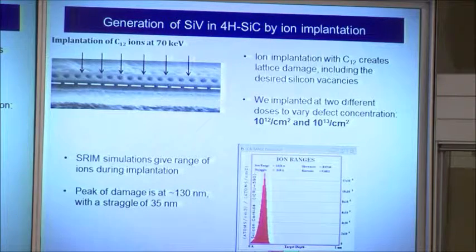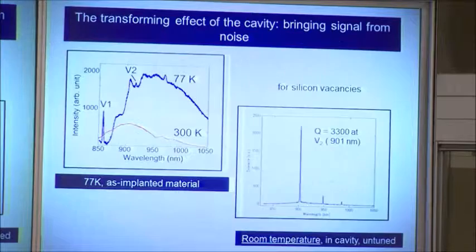This is something we're very much exploring at the moment as well. We're also looking at focused ion beam implantation to specifically create the defects right at the part of the cavity where we want the defects to occur.